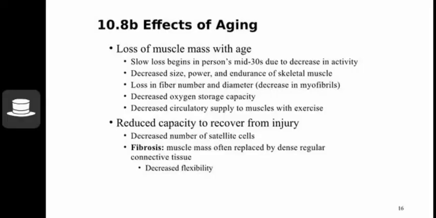As we get older, we tend to lose muscle mass. There's a slow progression that begins in a person's mid-30s just due to decreased activity. The skeletal muscles will shrink in size, they'll decrease in power and endurance, you'll start to lose fiber diameter, and you'll have a decrease in oxygen storage capacity.